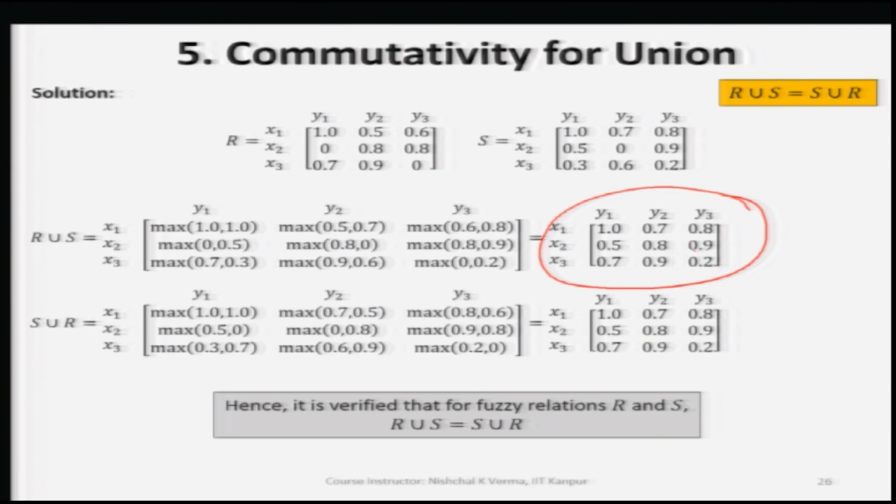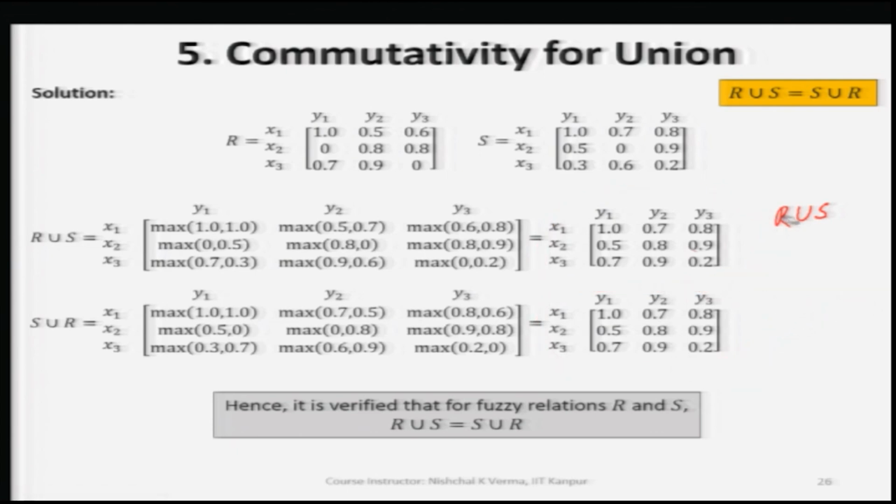So, this is R union S. Now, let us find S union R. Here we get S union R, giving us a fuzzy relation set, and if we compare these two, we see that both of these sets remain the same.